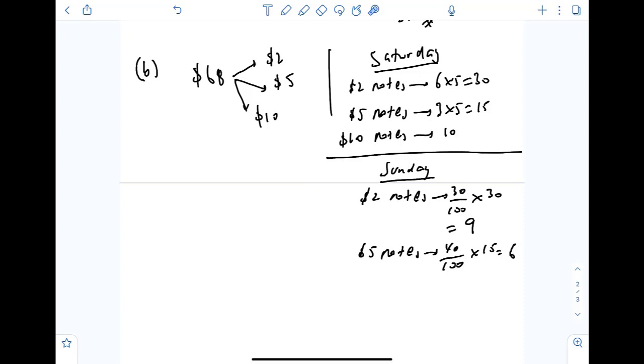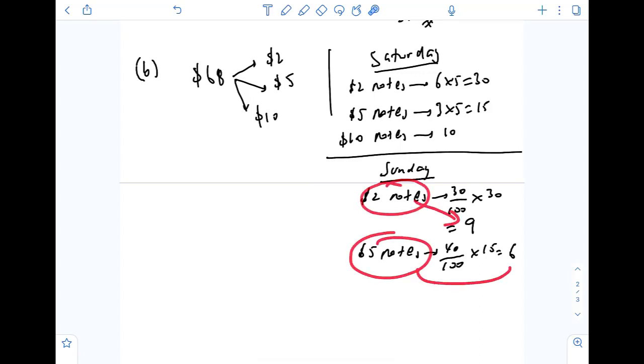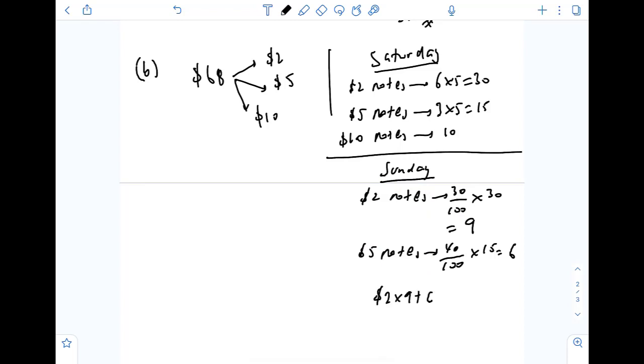So just from the $2 notes on Sunday and $5 notes on Sunday as well, how much is the increase in collection? $2 times 9 plus $5 times 6, $18 plus $30, $48. Now take note, on Sunday, the donation drive collected $68.